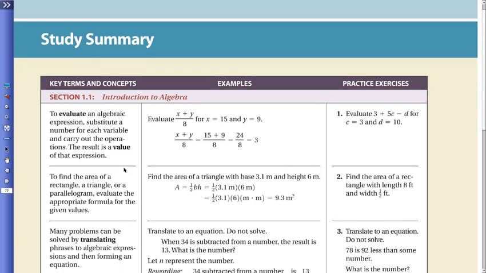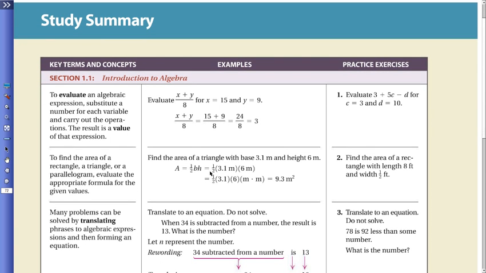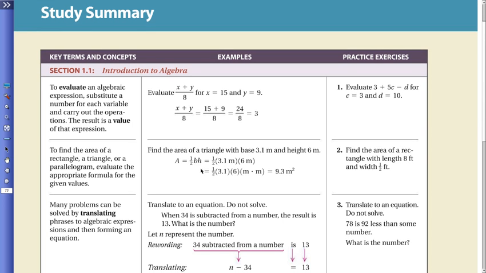We use that in formulas like the area of a triangle. As we evaluate that, this is really an equation, which has an equal sign in it, where area is equal to 1/2 the base times the height. If they give us the base and the height as 3.1 meters and 6 meters, we put that in here.